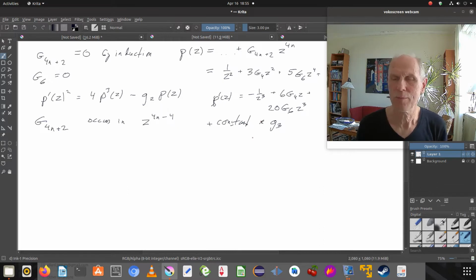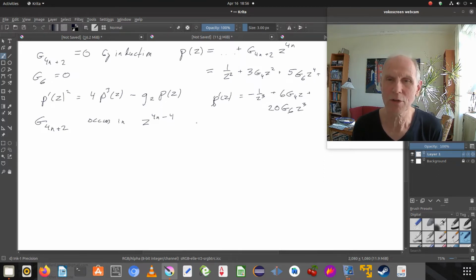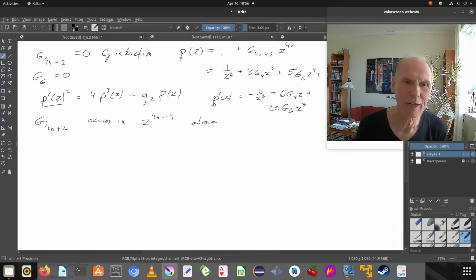So, now I have to keep it clear what I'm thinking. I'm thinking that the other coefficients, smaller ones, vanish, so it occurs alone by induction.